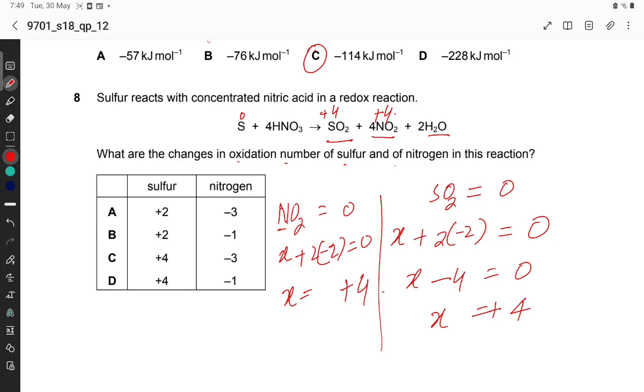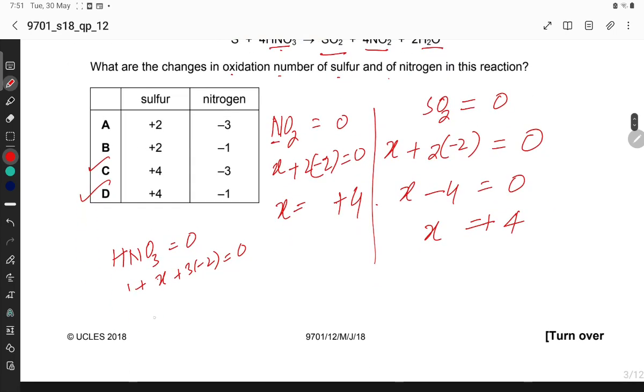Now looking at nitrogen, we have +4 oxidation state in nitrogen dioxide. In nitric acid, 1 + x + 3(-2) = 0, so x - 5 = 0, x is equal to +5.